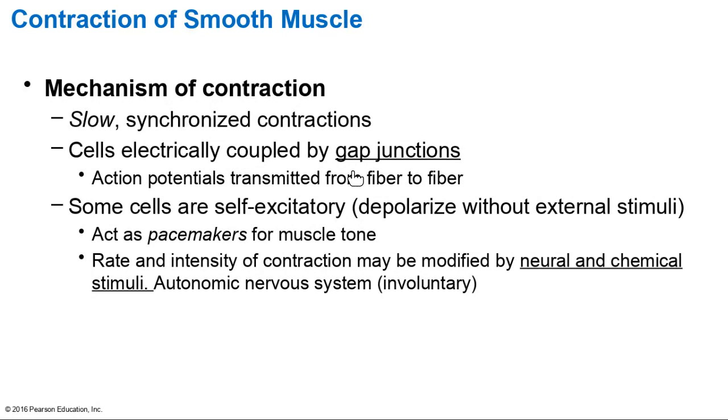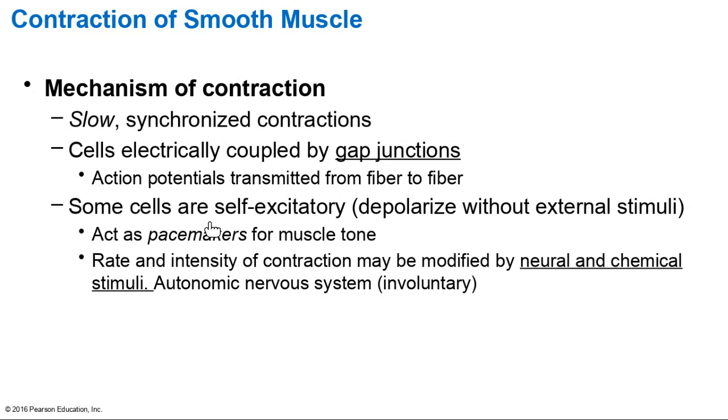Now, something else that's different here, we have gap junctions present in smooth muscle. You also see gap junctions in cardiac muscle, and you'll talk about that next semester. So gap junctions are seen in smooth muscle, and this allows the transferring of ions, mainly calcium, to and from your muscle cells.